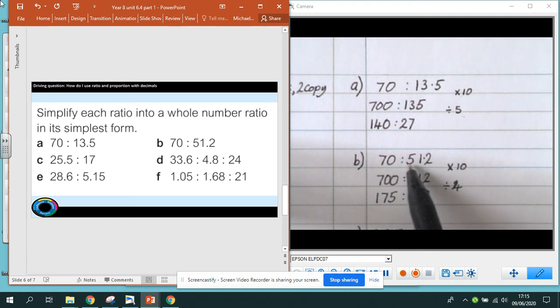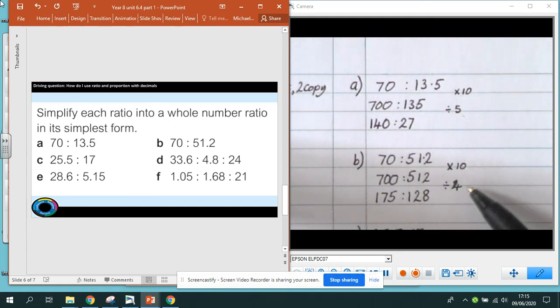Next one, 70 to 51.2, again multiplied by 10 gives me 700 to 512. The largest number I could find to divide this by was 4, which gave me 175 and 128. If you divided by 2 and then by 2 again, you would have still got these numbers, because dividing by 4 is the same as dividing by 2 and then by 2 again.